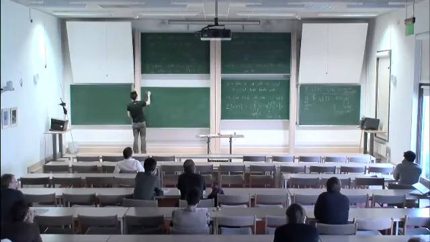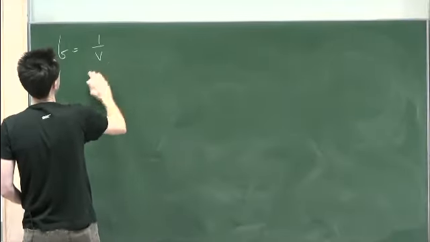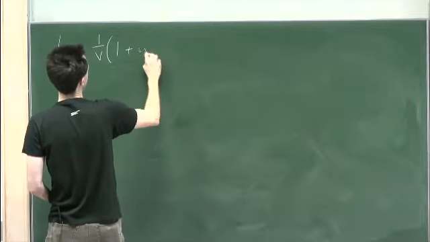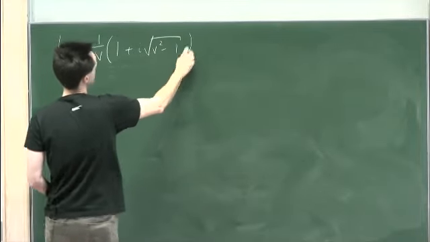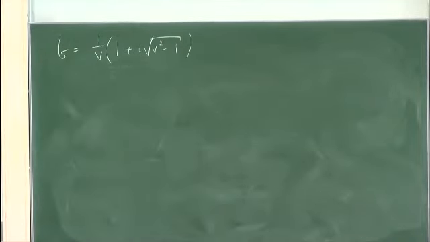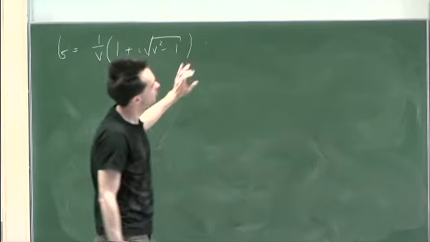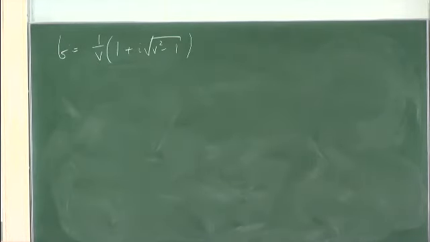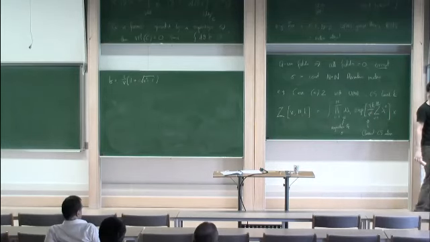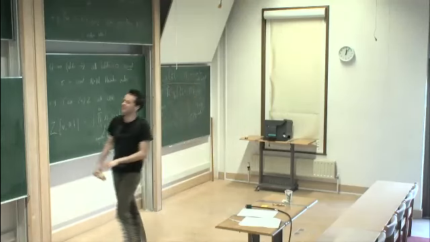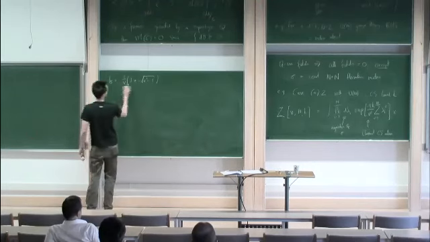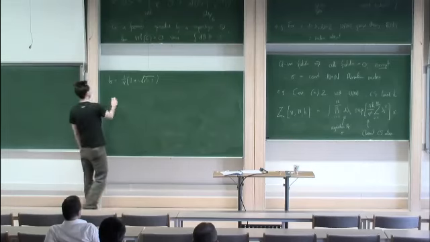So b is 1 over v, times 1 plus i square root of v squared minus 1. So that relates b to v. For the one where there was a b squashing, you get something very similar where b is equal to b. So that's b in the case with the squashing v.